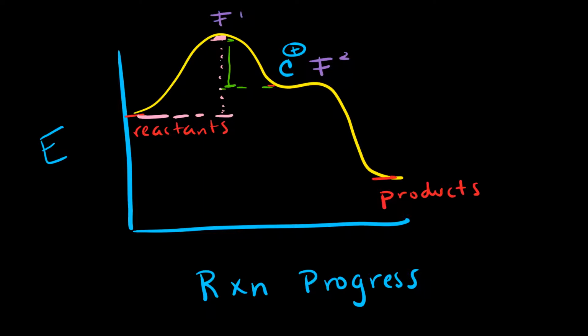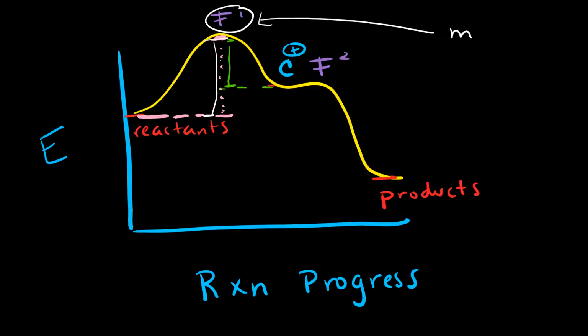Let's talk a little bit more about the slow step of the reaction, and in particular, the transition state of the slow step of the reaction. So the activation energy barrier that is causing this step to be slower is directly related to the stability or instability of the transition state.